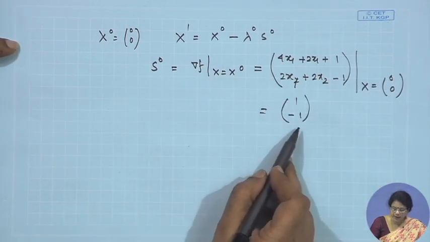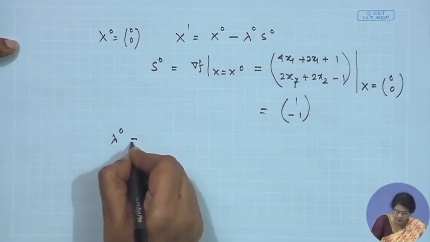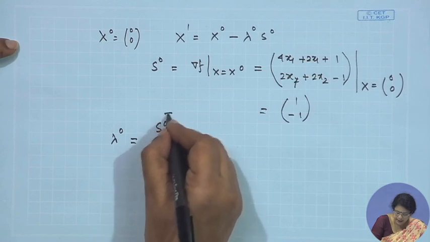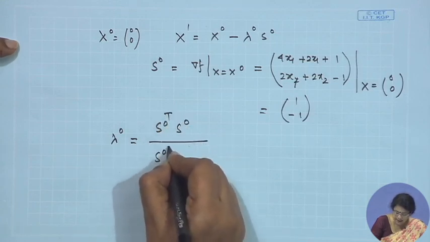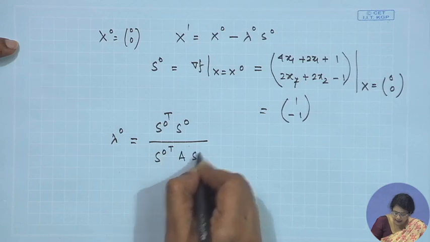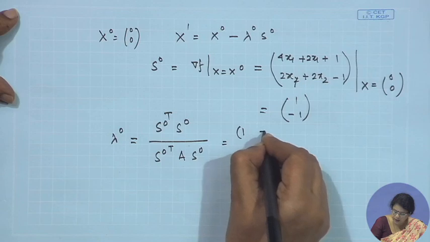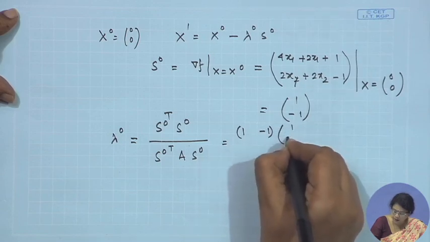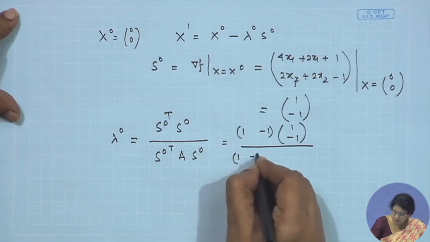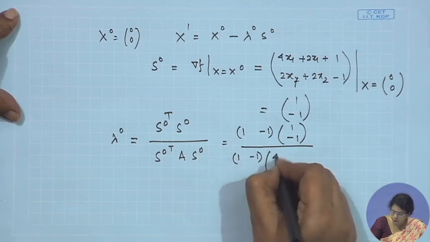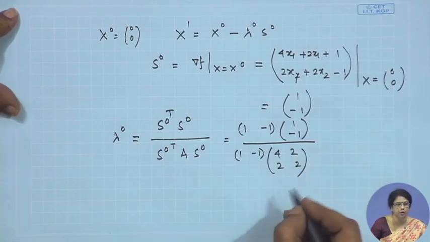Once we calculate this value, very easily we can calculate the value of lambda 0. What is that? S0 transpose S0 divided by S0 transpose A S0. Here S0 is 1 minus 1, and A is 4 2 2 2, which we considered for that function.